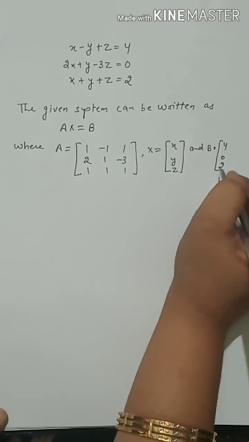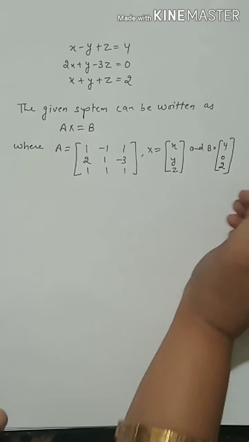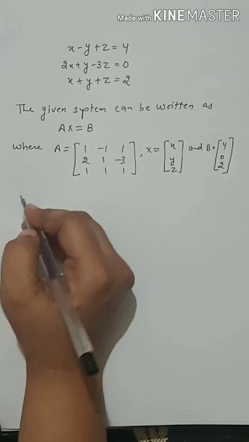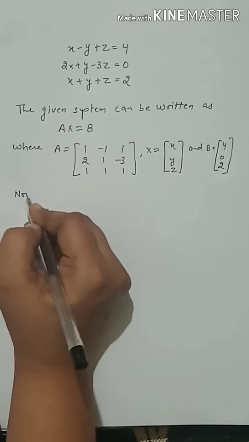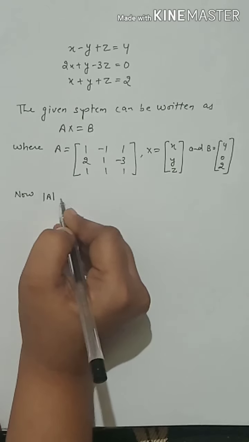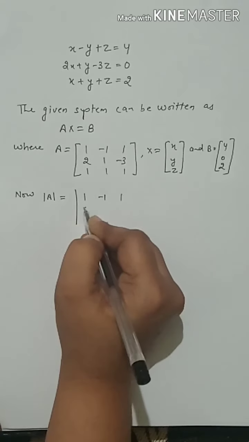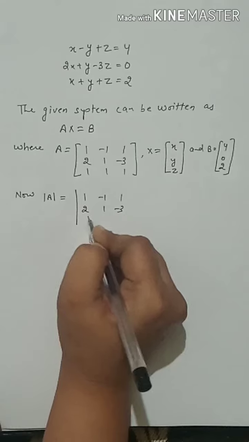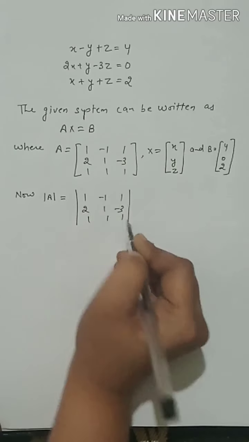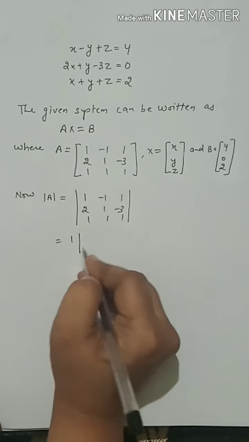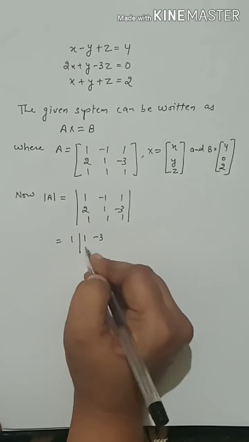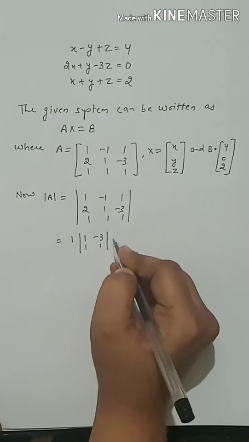Now we will find determinant A, and we will expand the determinant using the first row. For expanding the determinant, we will use the signs plus, minus, plus.